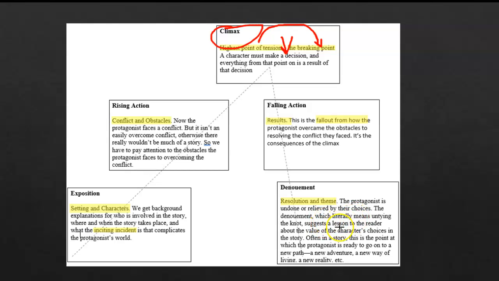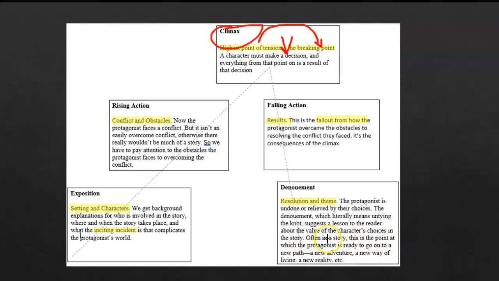Undone means it's some kind of catastrophe. Something bad happens. The character is distraught or ruined in some way. Or maybe something great happens and the character is uplifted and honored and in that way relieved. Oftentimes in the denouement, we find out that this is a moment when the character is ready for a new adventure.